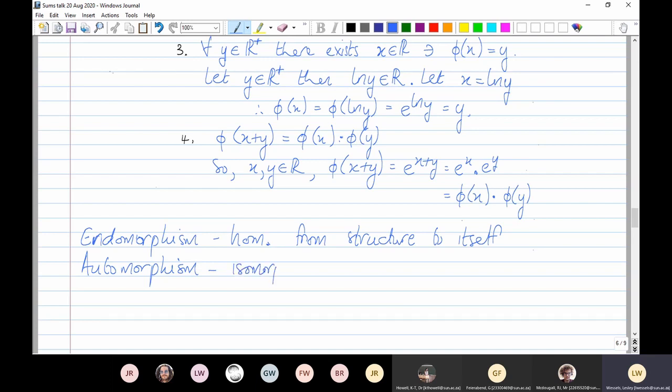So now you want not just the homomorphic property, but injectivity and surjectivity as well. So an isomorphism from a structure to itself. Okay, so that's what an endomorphism and an automorphism is.